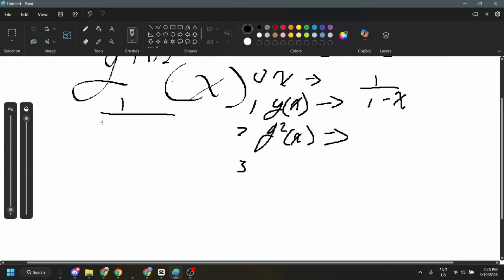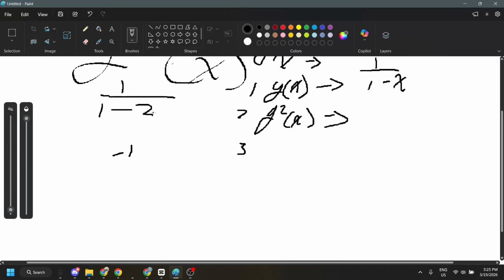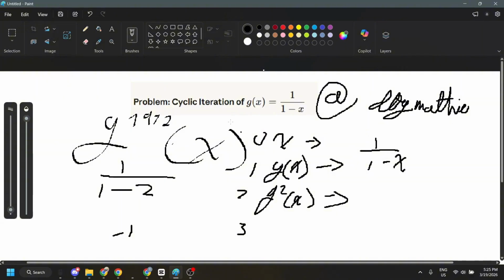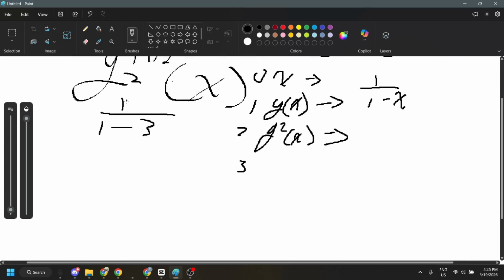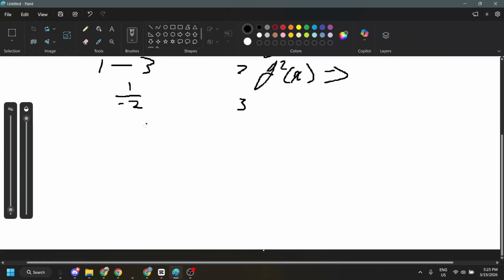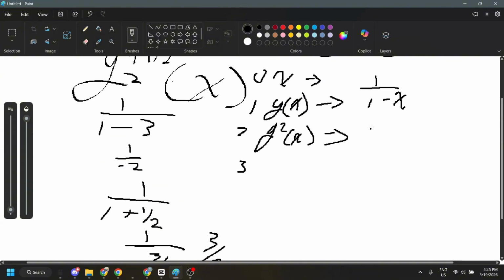Let's put in 2. 1 over 1 minus 2, we get negative 1. Or if we put 2 in, then we get 1 over 1 minus 3. 1 over 1 minus 3 is 1 over negative 2. And then put this in, 1 over 1 plus 1 half, which is 1 over 3 halves, which is 3 over 2. So then we get x over 1 minus x.